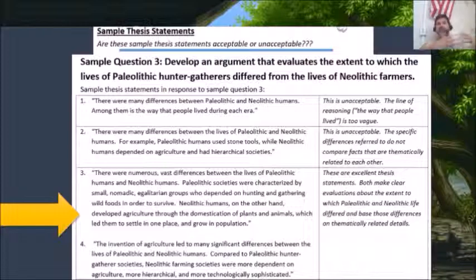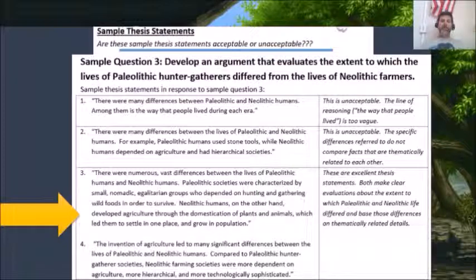So, it takes the facts you mentioned for Paleolithic societies and basically thinks, what was it like in those particular categories or themes for Neolithic humans? And then we'll make those direct comparisons. Number 4, the invention of agriculture led to many significant differences between the lives of Paleolithic and Neolithic humans.